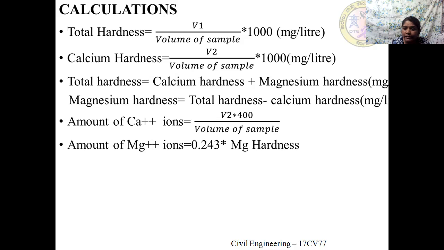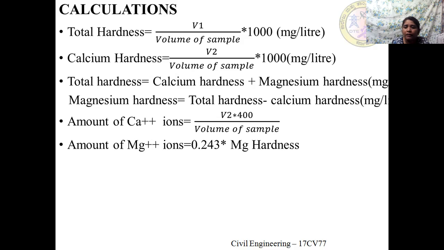We are going to write the results, and we will be writing down the permissible limits provided by the Indian standards. The permissible limit lies between 300 to 600 mg per liter. The results obtained are compared with this permissible limit, and the conclusion is made whether the given water sample lies within the permissible limit and is suitable for various domestic purposes or not.